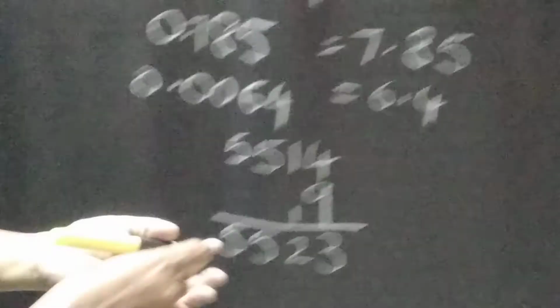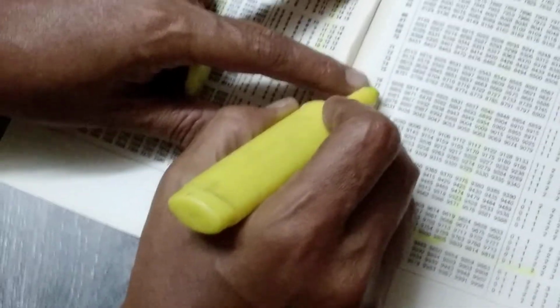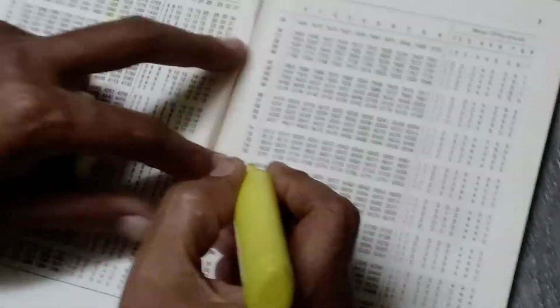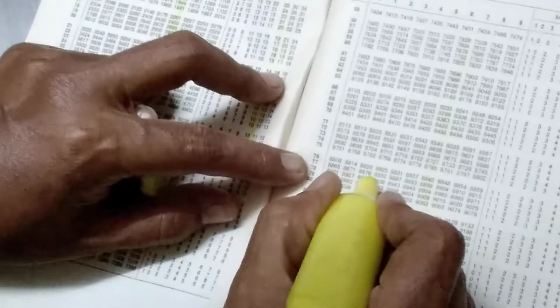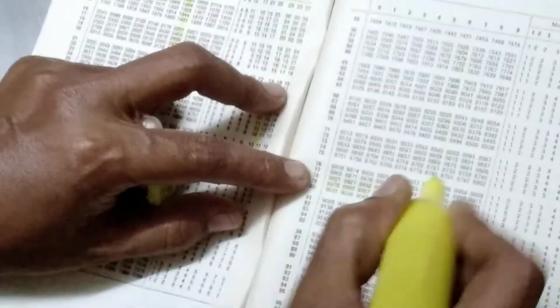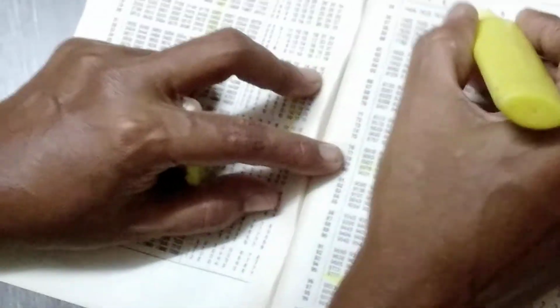See in the logarithmic book, 78 is here. This is our first part. And 5 is here. 78 and 5.